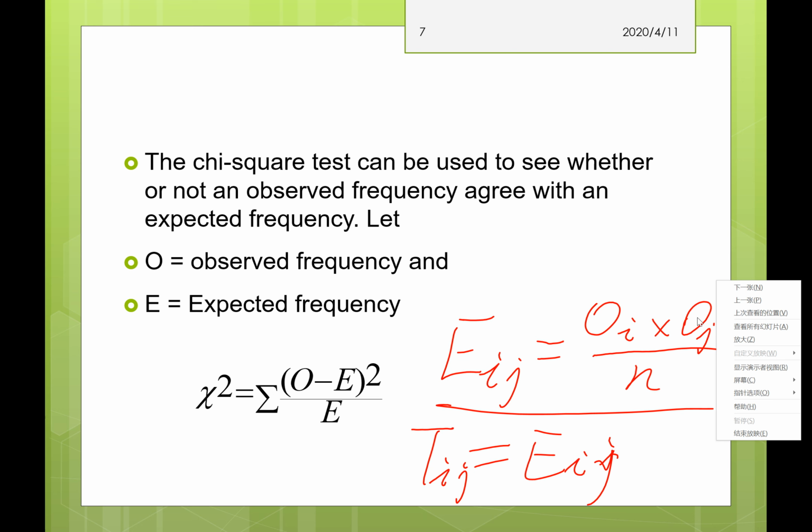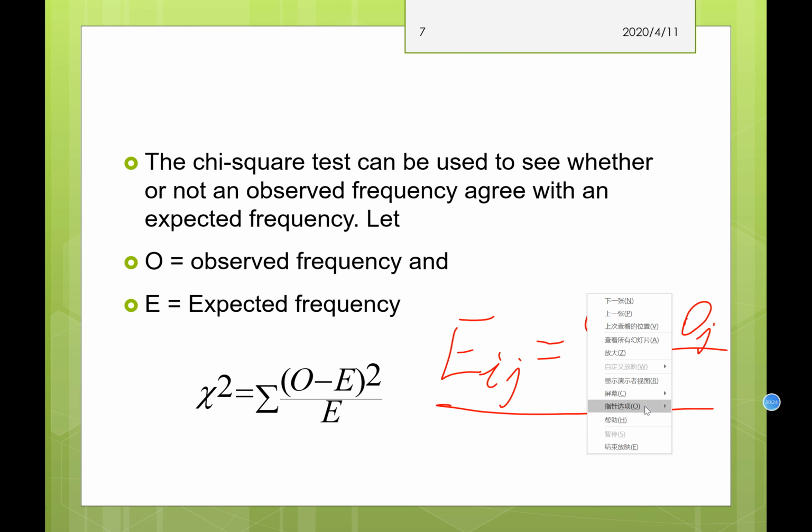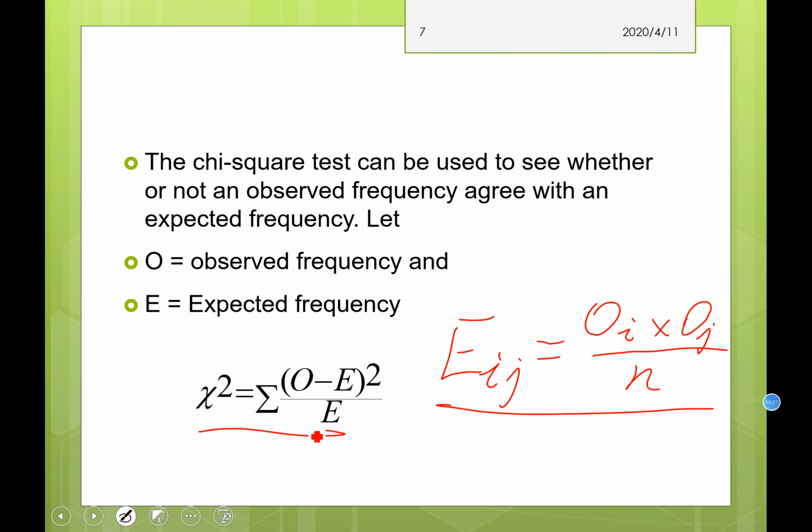Here we can find that this is the formula for chi-square value. That is the test statistic which is used in the chi-square test, and we can find that this test statistic is actually based on the difference between observed frequency and expected frequency.